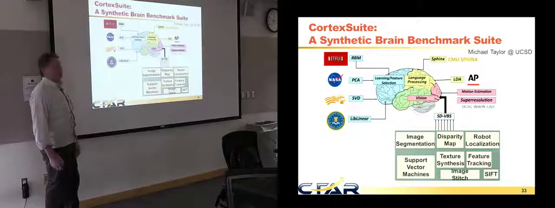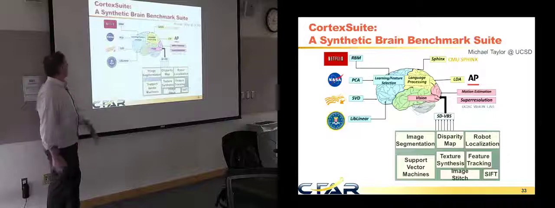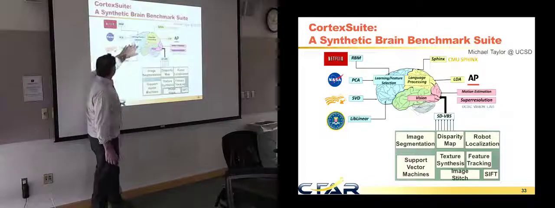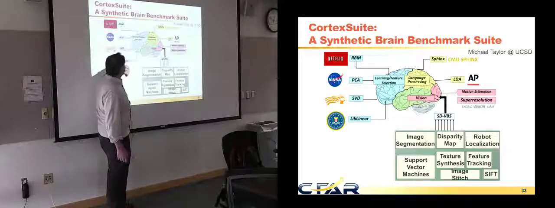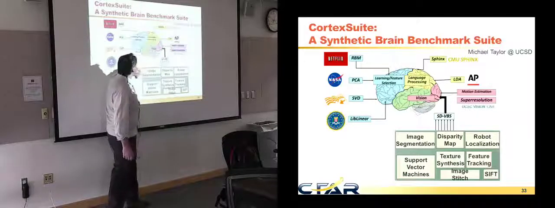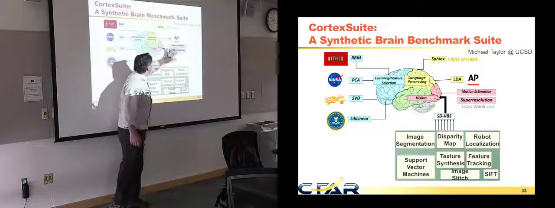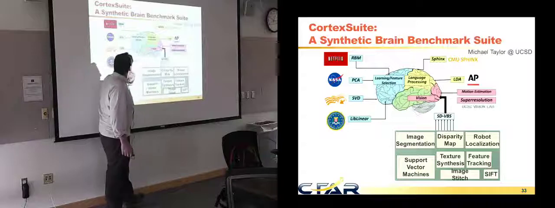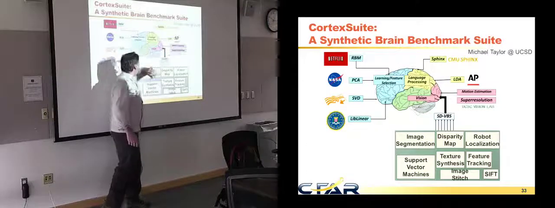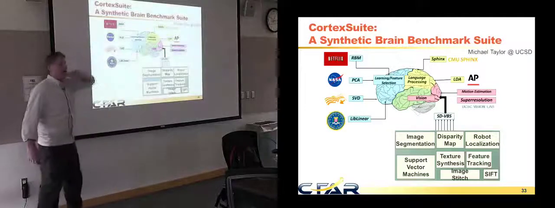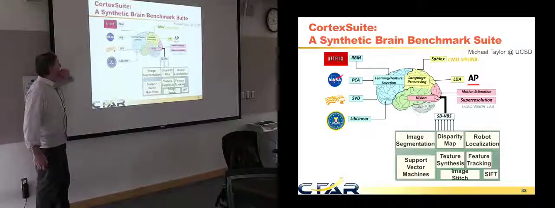These are starting to move into future next generation algorithms, things like learning and selection, language processing, computer vision, computational photography, a variety of very cool and next generation algorithms.